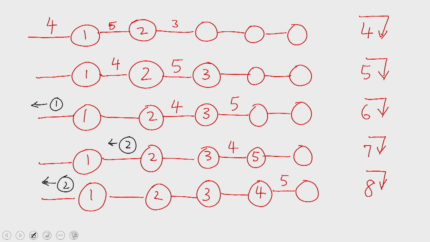Now, look at processor 3. Processor 3 does not receive any message in the 7th step. Therefore, in the 8th step, processor 3 will start sending out its value to the left. So, now you can see the pattern. In the 6th step, the first processor sends out its value. In the 7th step, the second processor sends out its value, and in the 8th step, the third processor sends out its value, all to the left side.